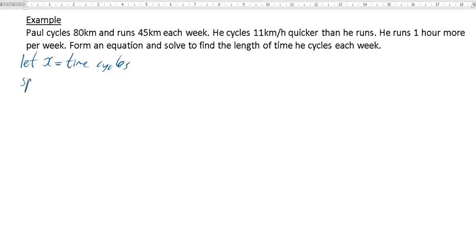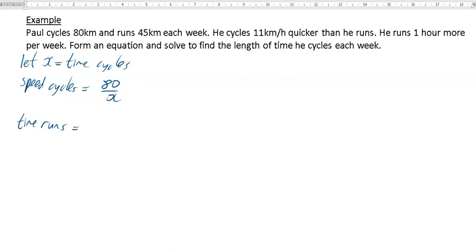So the speed he cycles is equal to, he cycles 80 kilometers divided by the time that it takes him, so 80 over x. And the time that he runs is equal to, and it says he runs 1 hour more per week.